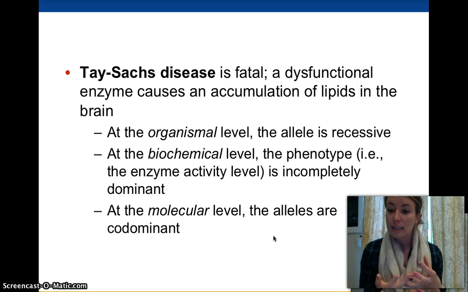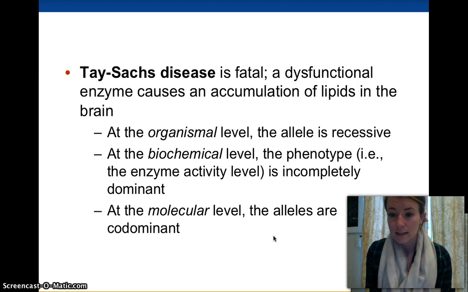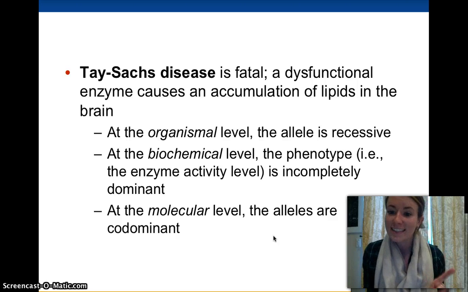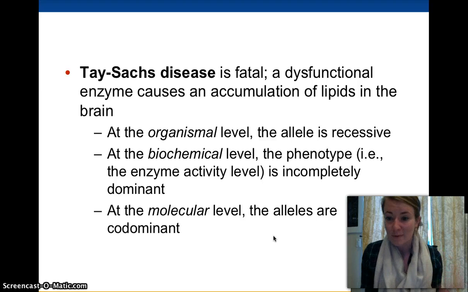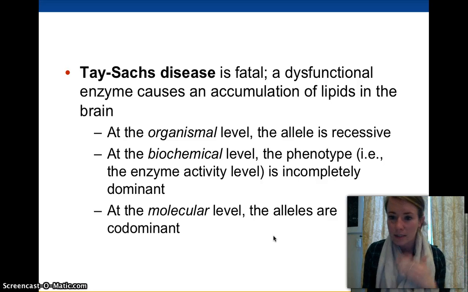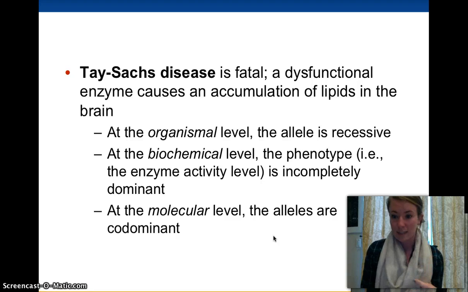Okay? If you have one copy that does work, it's going to break down the lipids and you're going to be okay. But if you have two copies that do not work, all the lipids are going to build up in your brain and you have Tay-Sachs.